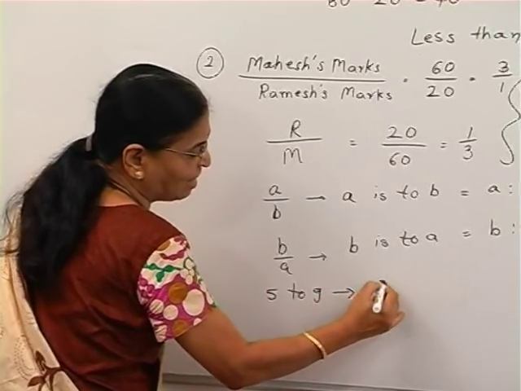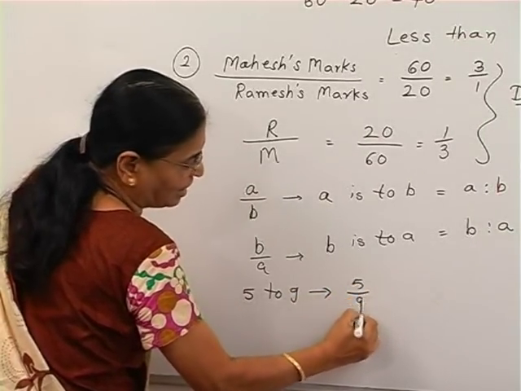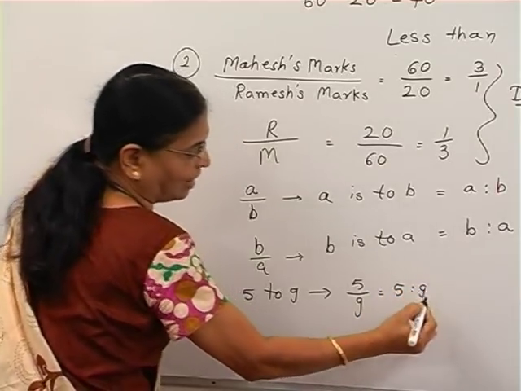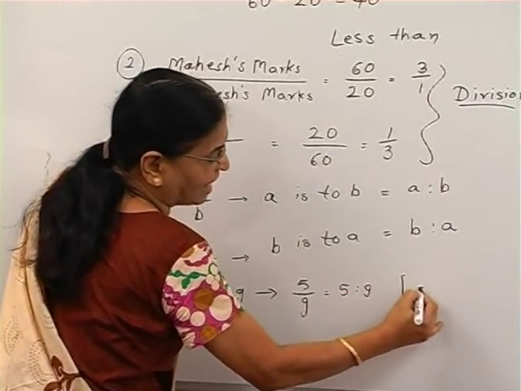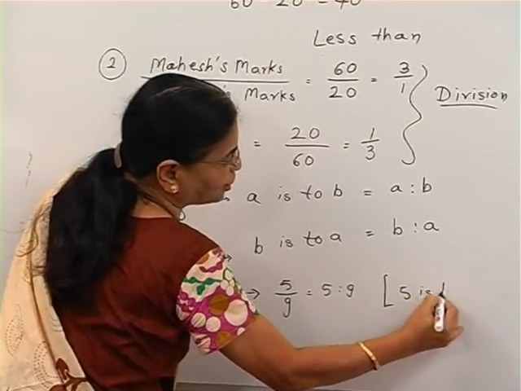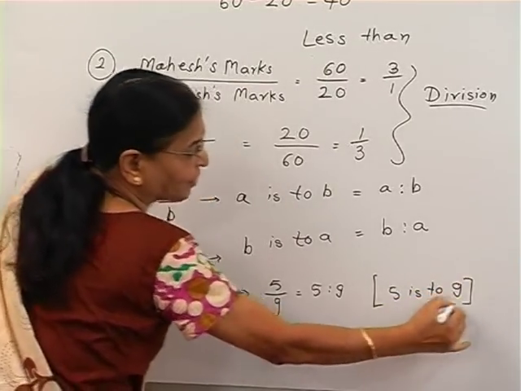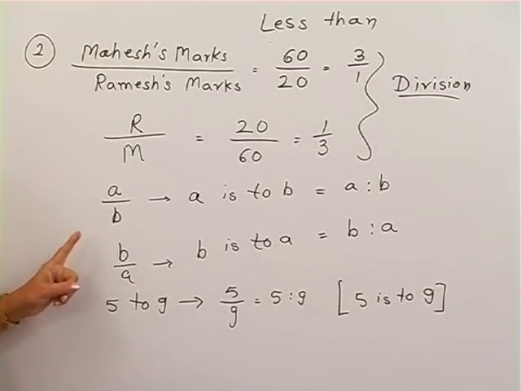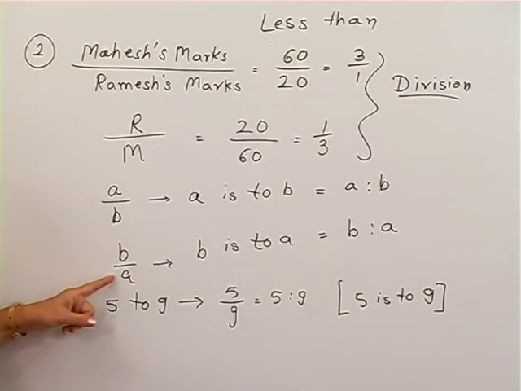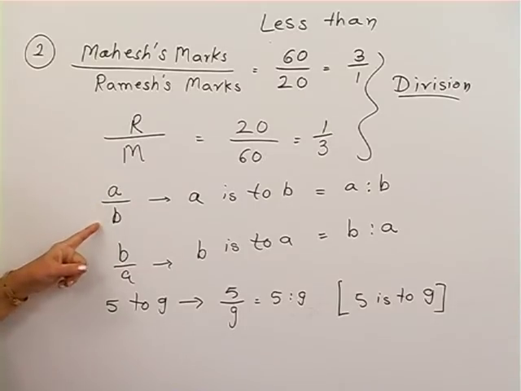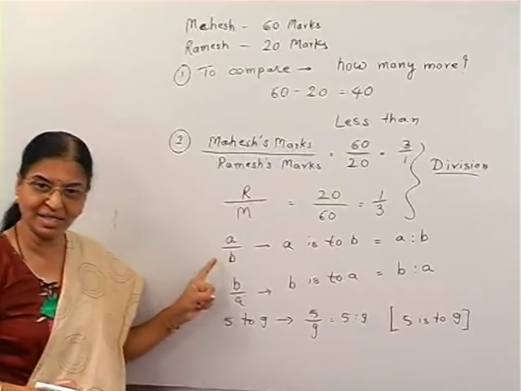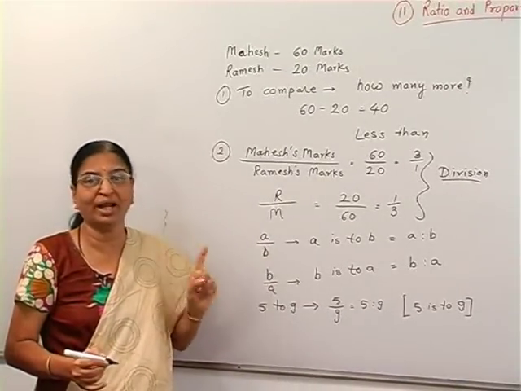What will I say? 5 upon 9, that is 5 is to 9, and I will read it as 5 is to 9. Is it clear? So I will read it as B is to A or A is to B, whichever is first. The order of first and second is very important.